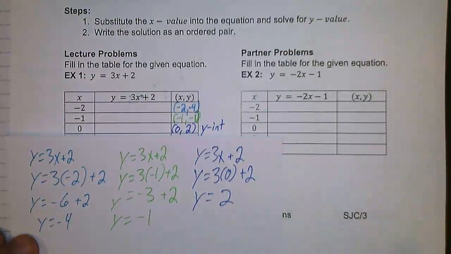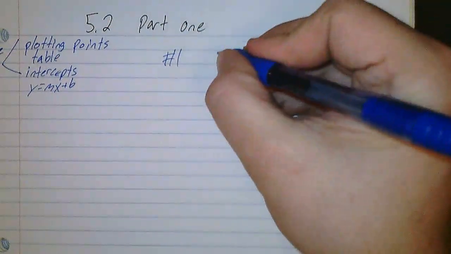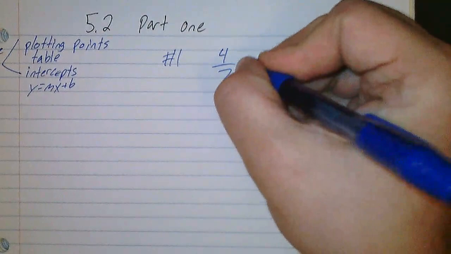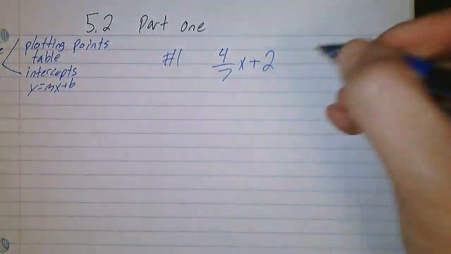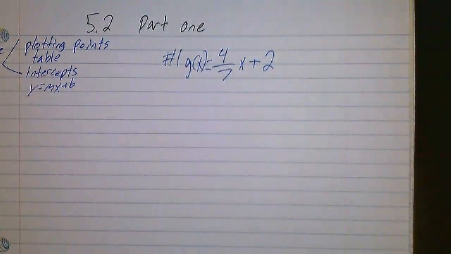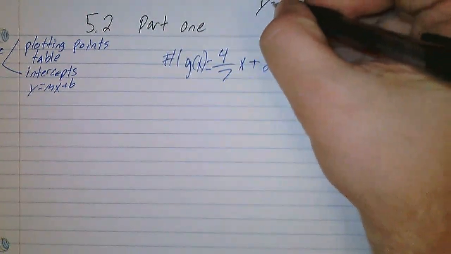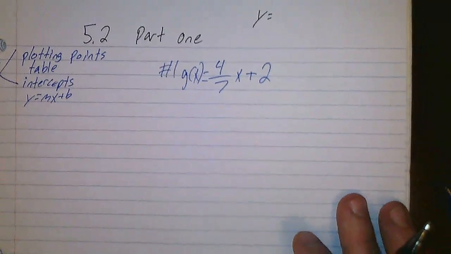And now from here, I want to show you number 1 in ALEKS for this section. Your number 1 will look something like this. Well, g of x equals. So let's talk about g of x for a second. We can have equations that start with y equals.